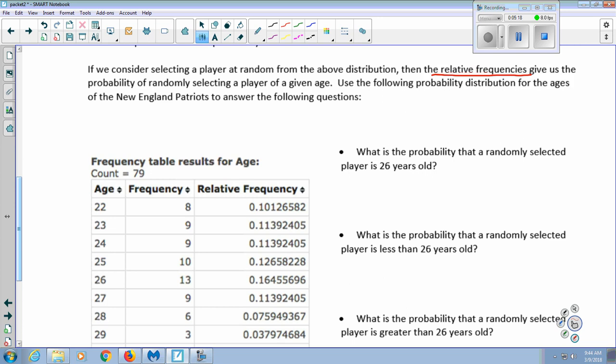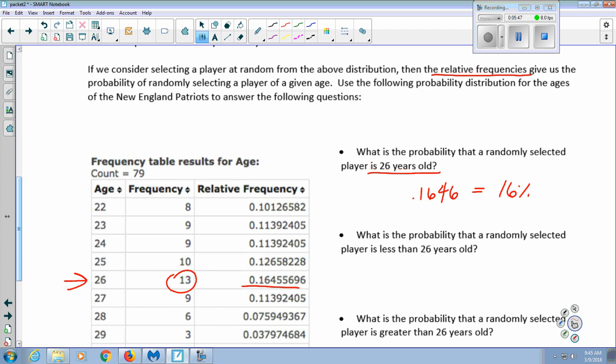So let's answer the following questions. What is the probability that a randomly selected player is 26 years old? So using our frequency table, here is 26 years old, here's our frequency, and actually we have our relative frequency given to us, so we can really read it right off of there, 0.1646, or about 16%, we could say.